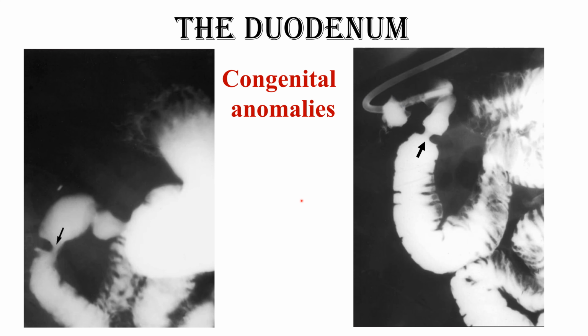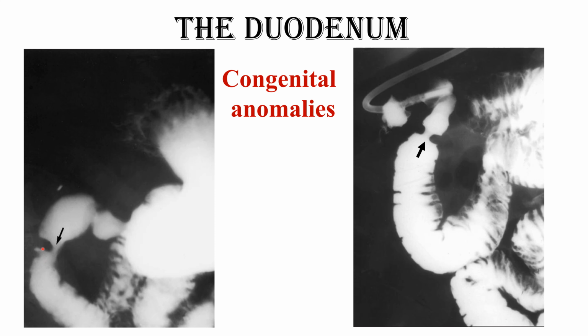The other anomaly is called webbing of the duodenum, and usually it comes proximal to the ampulla of Vater. It shows on the right side here bilateral not canalized parts of the cavity of the duodenum, leading to what we call a web, another web.